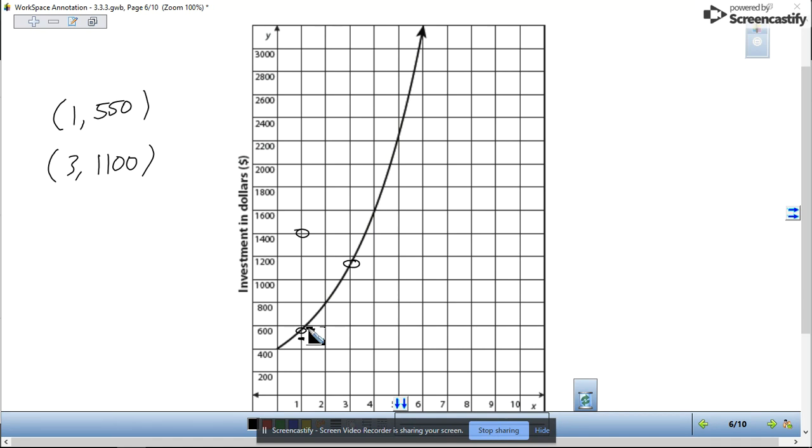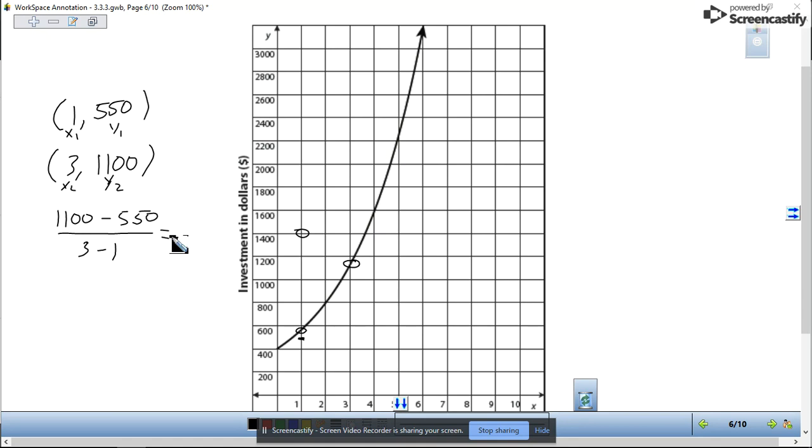All right, so once you have those 2 points, we calculate the average rate of change. Remember this is x1, y1, x2, y2. Make sure you've read the notes. I'm kind of skipping over some of the instructional part of this and just showing you how to work these examples. So y2 minus y1 over x2 minus x1, which is 3 minus 1. Again, it's just the slope formula.